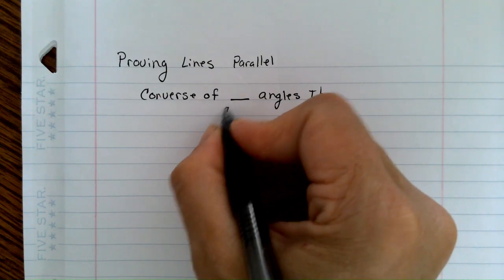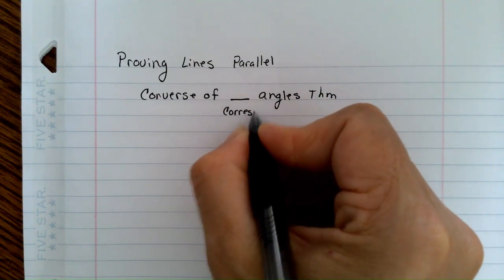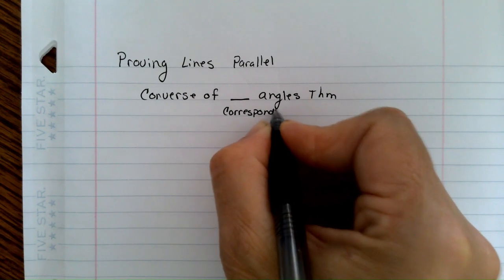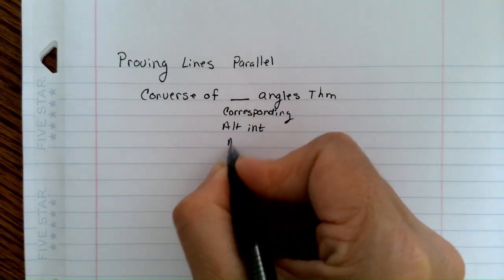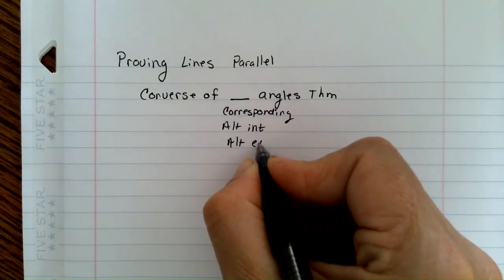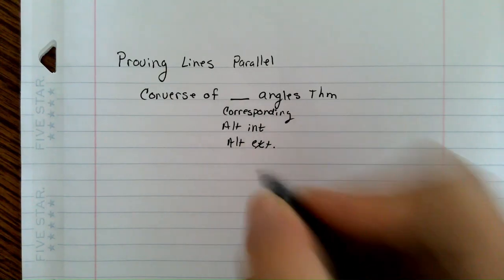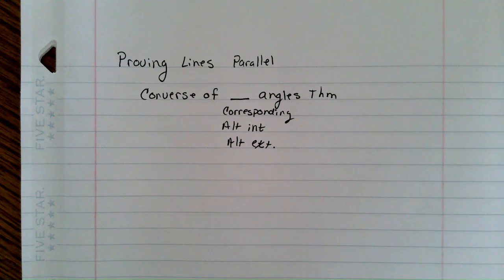And you can put in corresponding, alternate interior, alternate exterior, etc. So by reversing them, with two lines cut by a transversal, those are if and only if statements, really. So if it works forward, it also works in reverse.